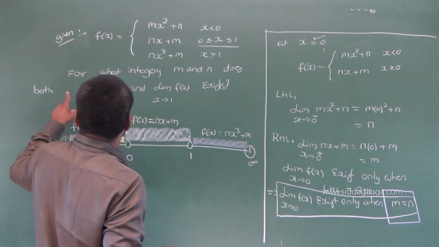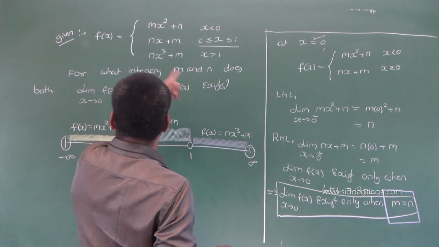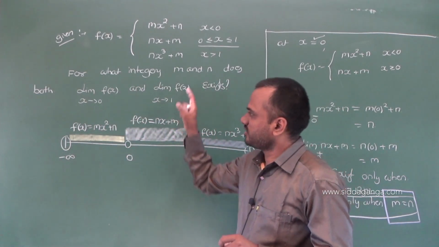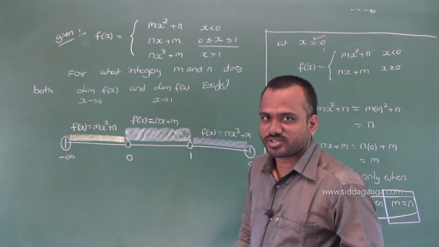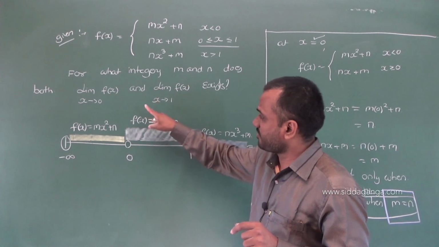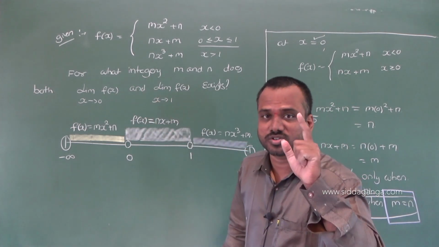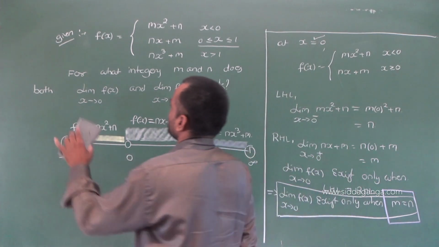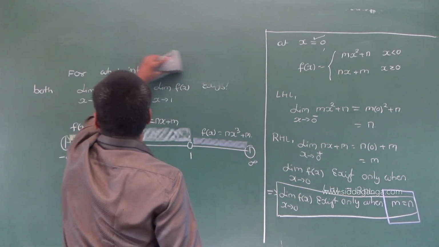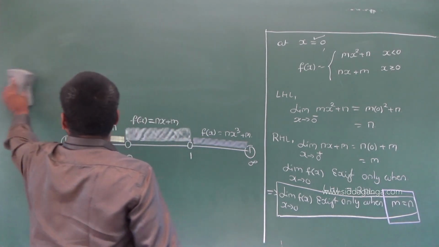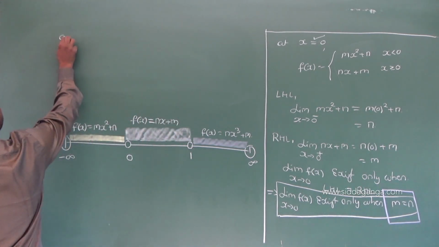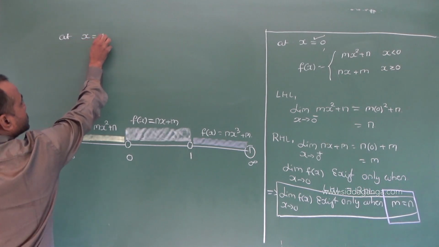He asks, for what integers m and n does both the limit exist? If you substitute the values of m and n, the limit as x tends to 0 of f of x exists, and for the same m and n, the limit as x tends to 1 of f of x also exists. So next, we take at x is equal to 1.